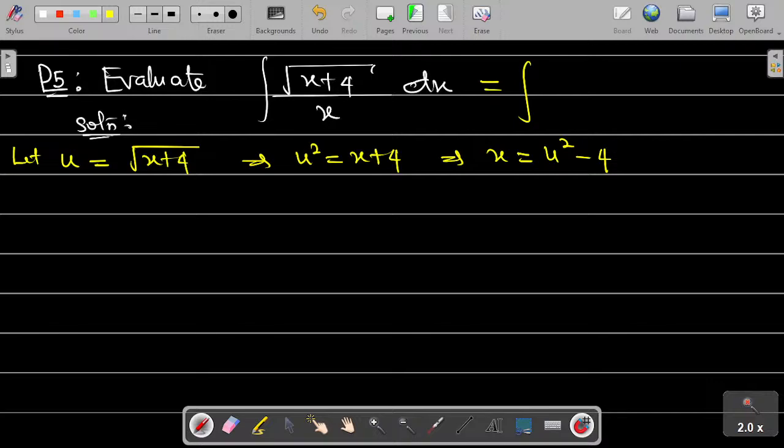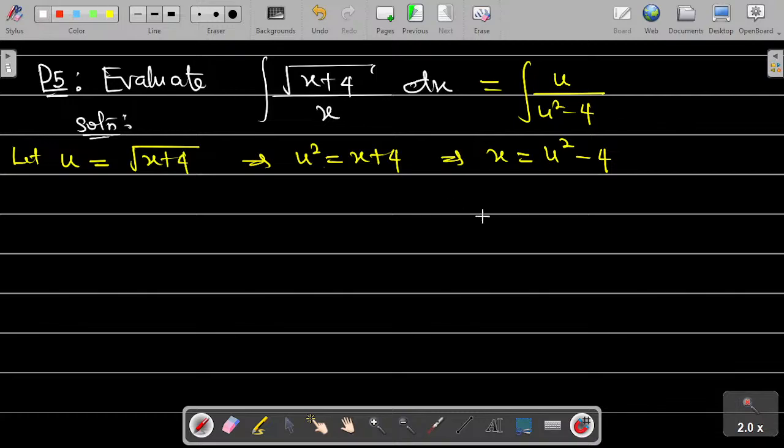So if you replace here, you will get that the numerator is u, and the denominator is u squared minus 4, but you now have the x here, so you need to replace that. And to get your dx, there are two things you can do: either differentiate this with respect to u, or differentiate this one. I think I prefer this.